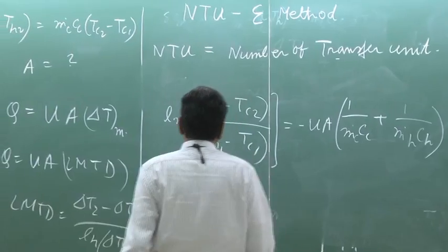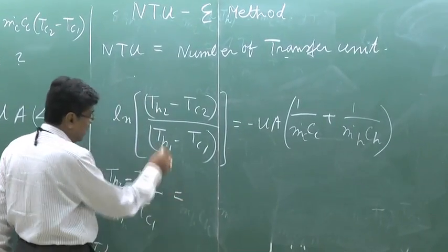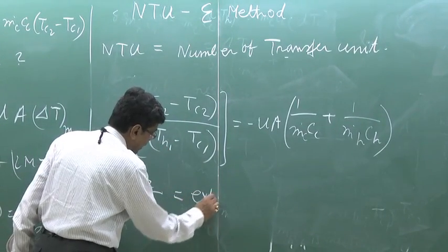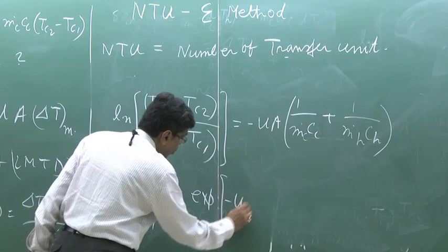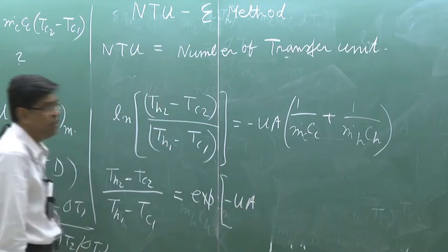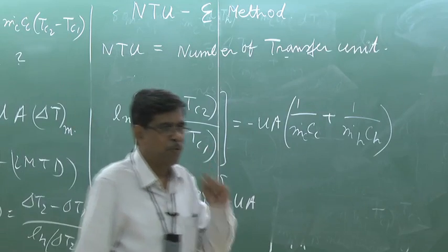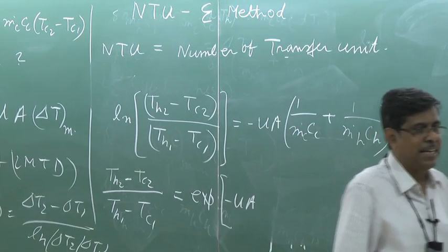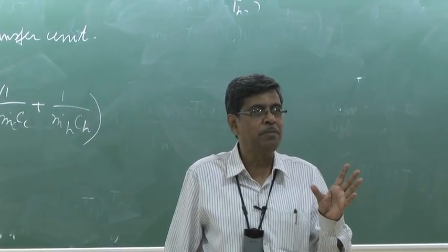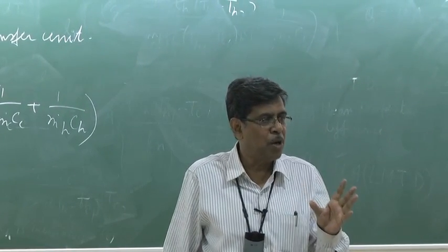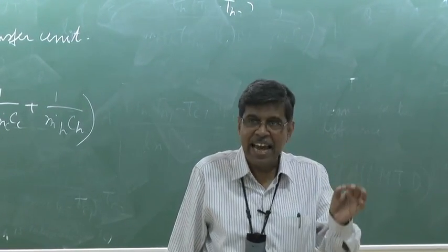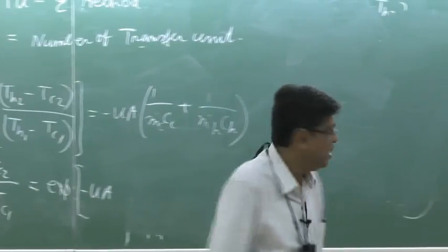It is equal to, I write this in an exponential function, nothing great, minus UA, and here I will make some assumption, because it is case by case. In a parallel flow, I first assume the cold fluid is the minimum fluid, that means m dot Cc is the minimum. The catch you will know afterwards.